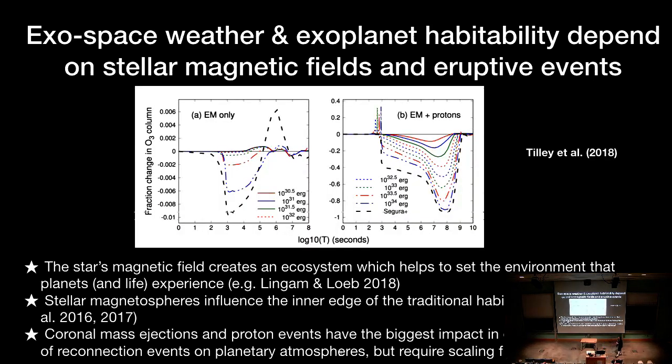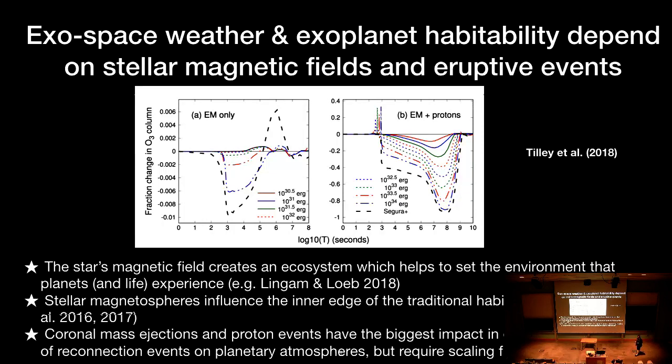And finally, the influence of the particles can be severe. This is a paper that's an addition to a famous paper from about 8 years ago, showing the influence of the energetic particles on the atmosphere of an Earth-like exoplanet around an M-dwarf. If you have only the electromagnetic radiation from the flare, there's not a significant impact on the ozone column depth during this flare.